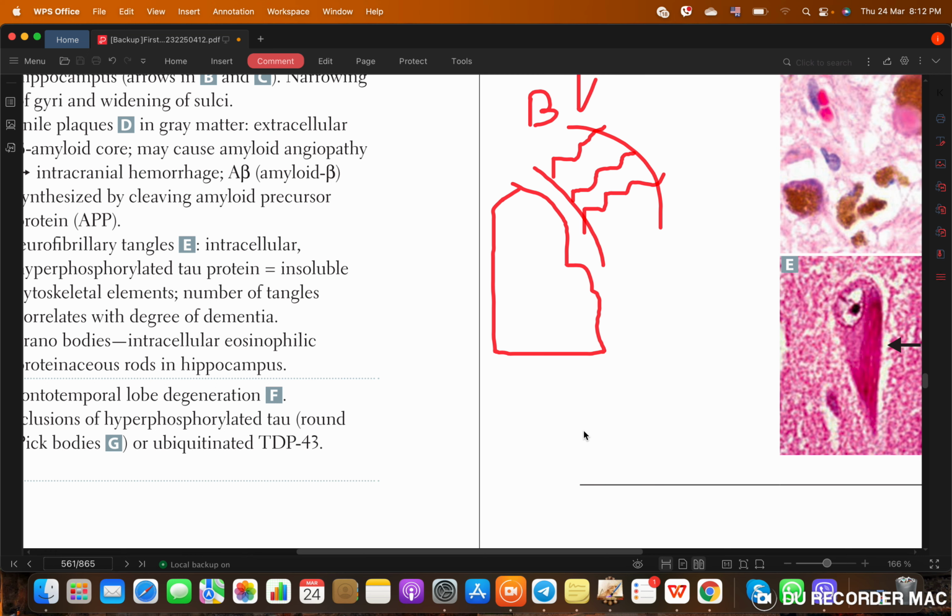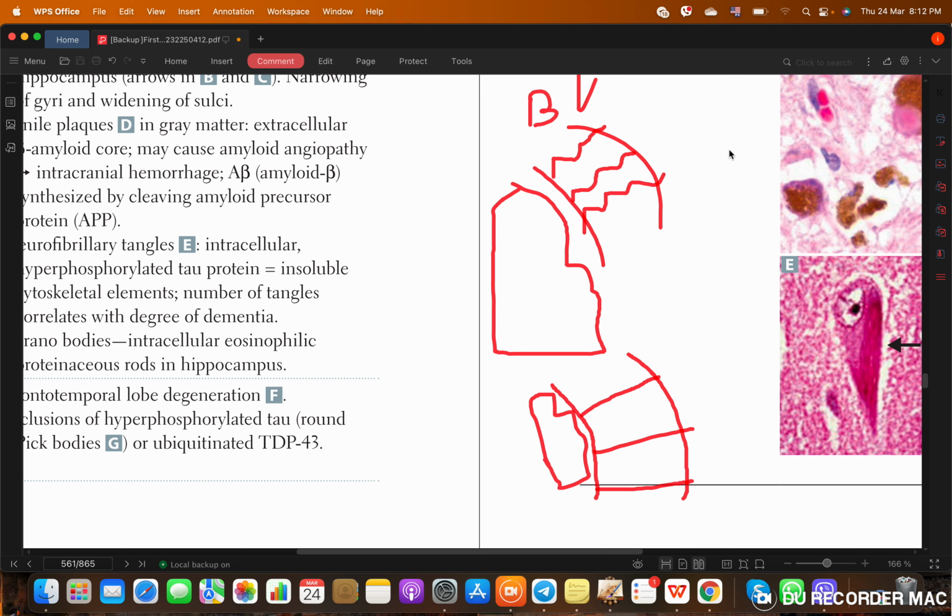If the brain becomes smaller, let's make it smaller. Why? Because of the atrophy in Alzheimer's disease. The arachnoid is near the brain, it's stuck to the brain. So what is going to happen to the bridging vein, guys? What do you think? Instead of being relaxed like this, they become stretched.